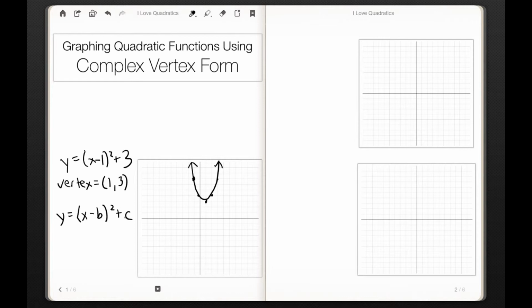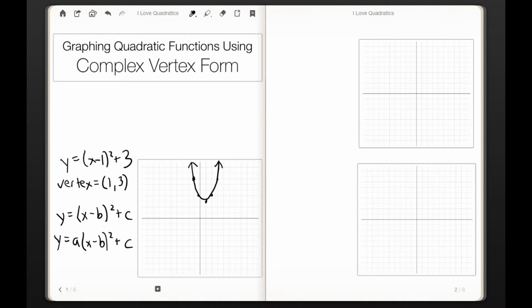So the reason we use b and c and not, say, a and b is because a is going to be the coefficient in front of the squared term. So now the new equation of this more complex vertex form will be a times (x minus b) squared plus c. And the a is only being multiplied by the squared term, not the c. That is separate.